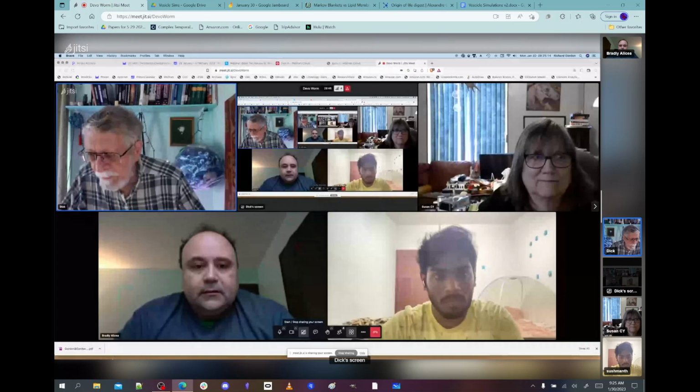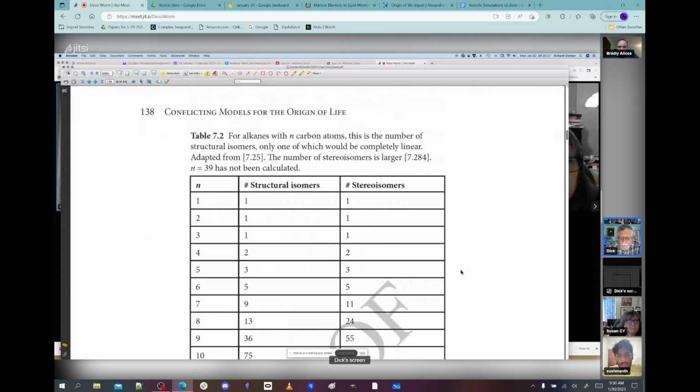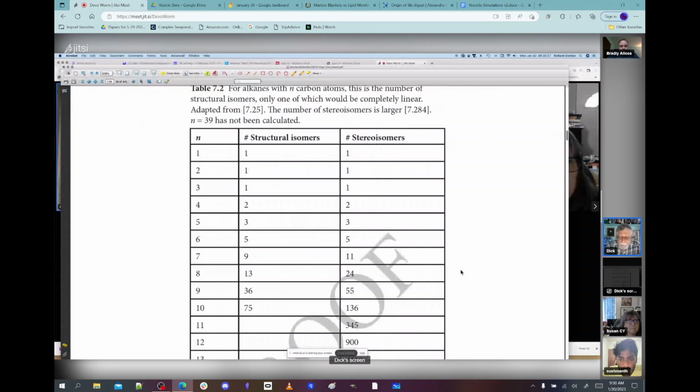If you look at this table, this is N, the number of structural isomers, the number of stereoisomers. Stereoisomers would include those that are mirror symmetric. And look how this table goes up.